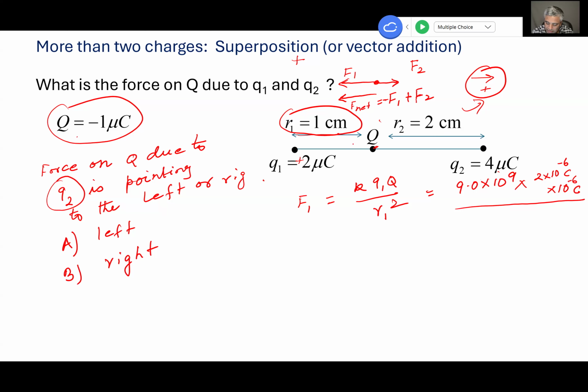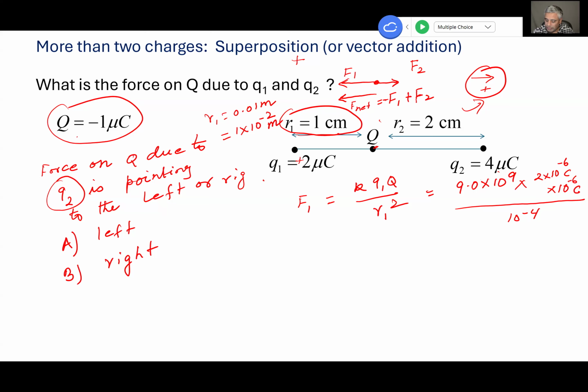How about the denominator? R1 is 0.01 meter, right? And since all these numbers are in exponents, maybe it's a good idea to write this as an exponent as well. So 1 times 10 to the power negative 2 meters. Same thing, okay? So if I were to square that, 10 to the power negative 2 becomes 10 to the power negative 4.